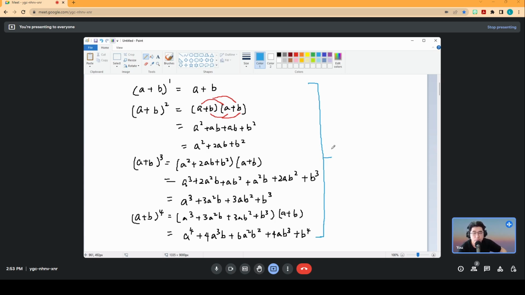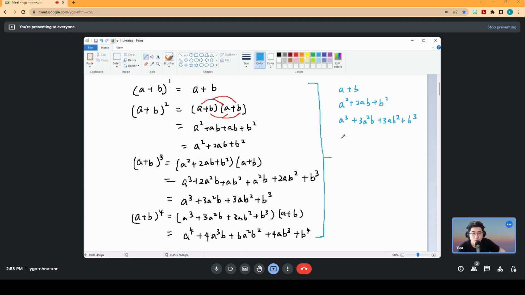What can we observe? Number one, I have a + b. I have a squared + 2ab + b squared. I have a cube + 3a squared b + 3ab squared + b cube.